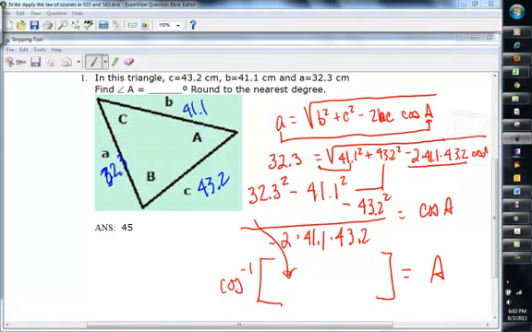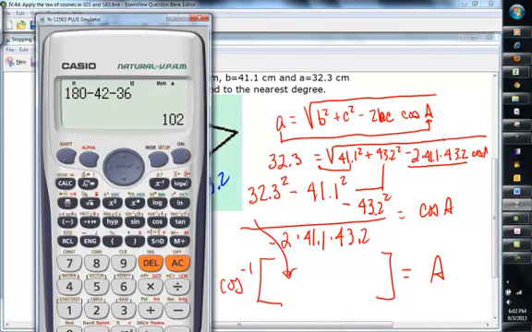So that's one advantage of having our calculator, is that it certainly makes this look a whole lot easier.